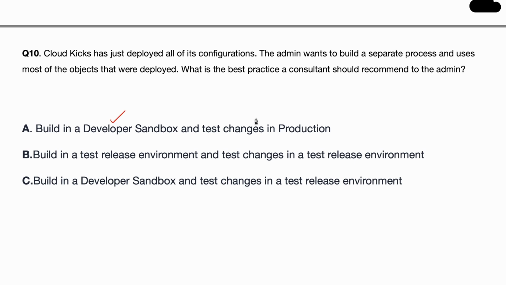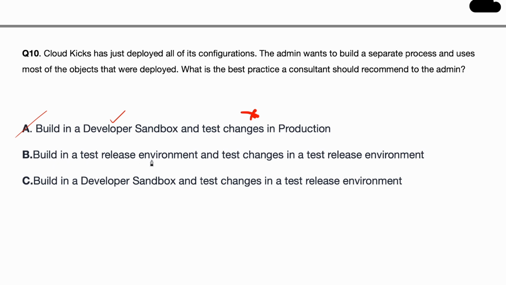But test changes in production is not. You never want to test changes in production, because production is your live instance. You don't want to test in your live org, right? So this automatically excludes choice A.